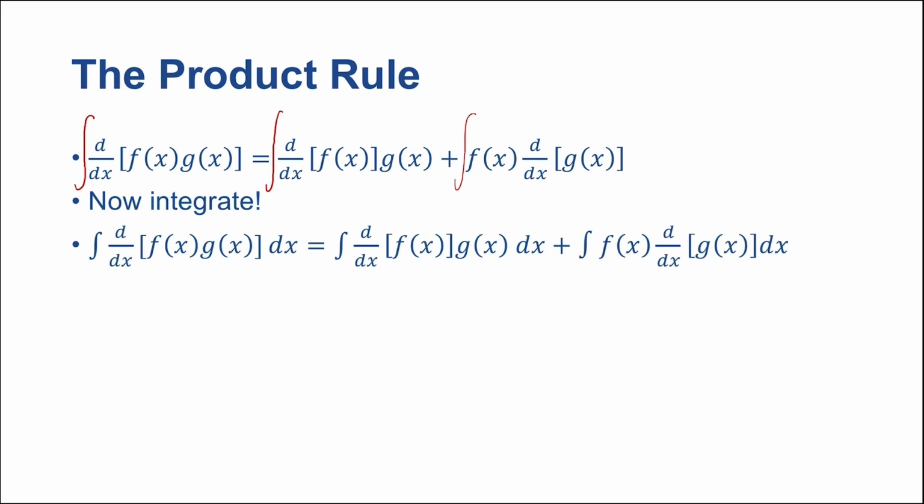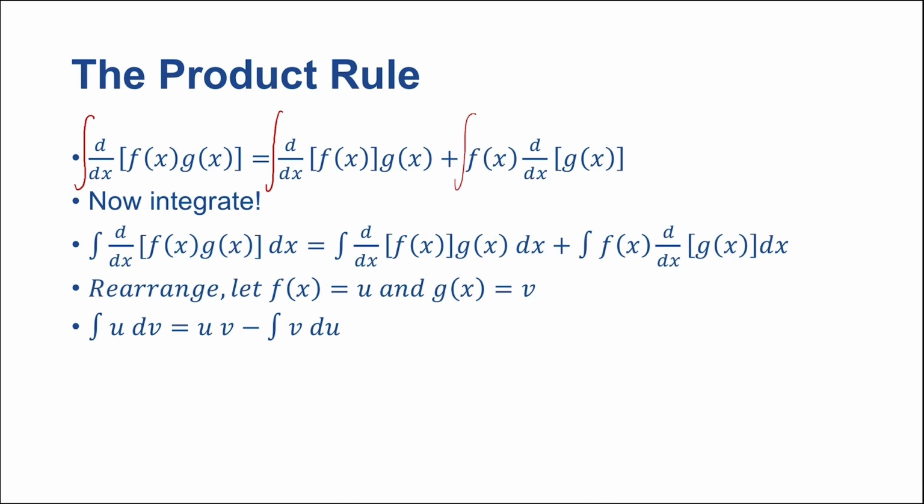If we fully integrate the one on the left and do a little bit of rearranging, and set f of x equal to u and g of x equal to v so that we can more easily see this rule, we end up with the integral of u times dv is equal to u times v minus the integral of v du. As you can see, what we did here is we really just took this one and subtracted this one.